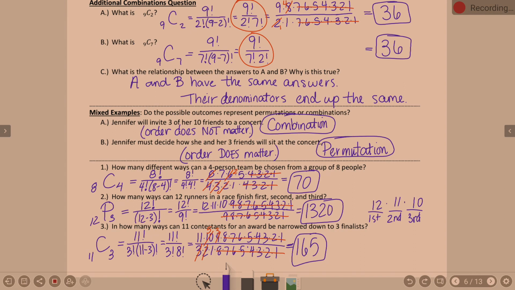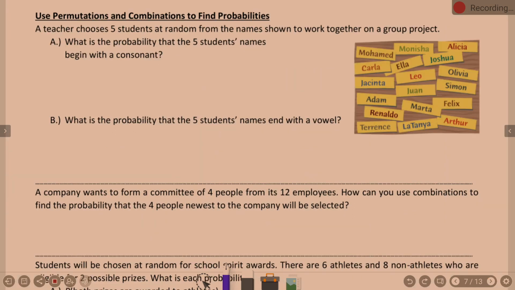Okay, we have what we need from this page. We're going to talk about how we can use permutations and combinations to find probability. Here we have the situation. A teacher chooses 5 students at random from the names shown to work together on a group project. The first question is, what is the probability that the 5 students' names begin with a consonant?